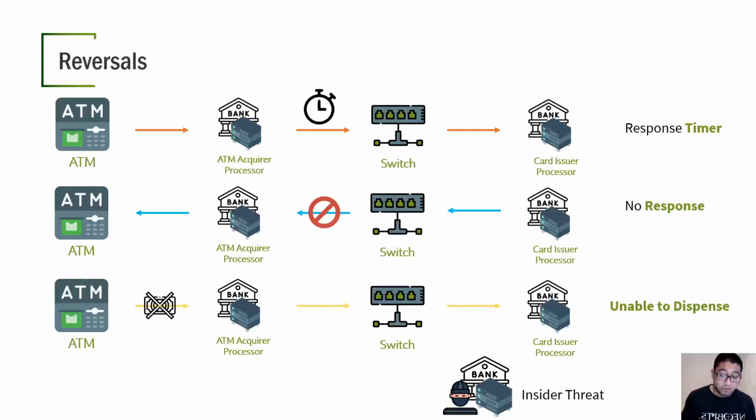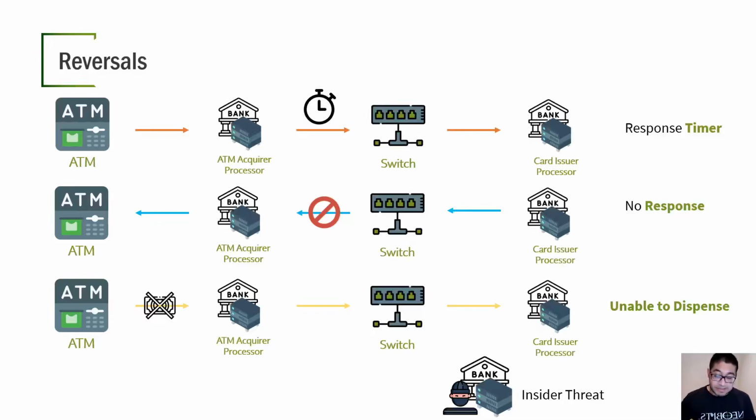And if the authorization response and everything is right, and the ATM is commanded to dispense the money, but when it tries to get the notes and dispense, it notices that it doesn't have enough bills.